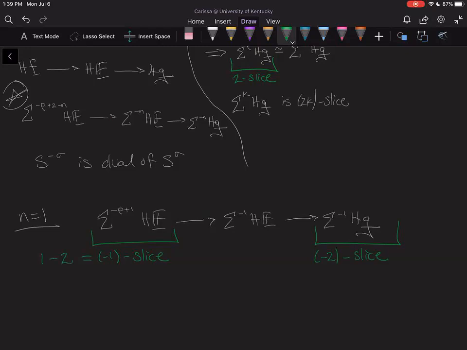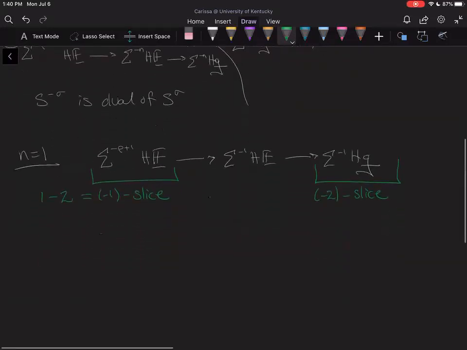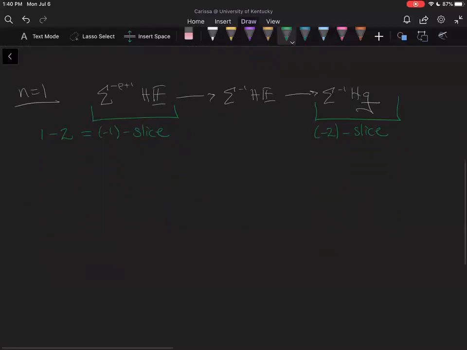All right, our tower has to start with a slice and end with a slice. So we have our co-fiber sequence. It starts with a slice, it ends with a slice. This is the tower. Again, the slogan, if it looks like the tower, it is the tower. If we move on to n equal to 2, well, now we're going to get the negative rho suspension of HF to the negative 2 suspension of HF to the negative 2 suspension of HG.